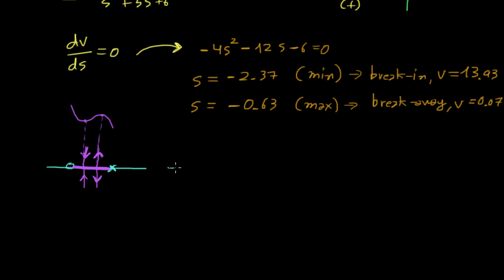And an even more strange case takes place when instead of a minimum and a maximum, we find a saddle point, which is neither a maximum nor a minimum.